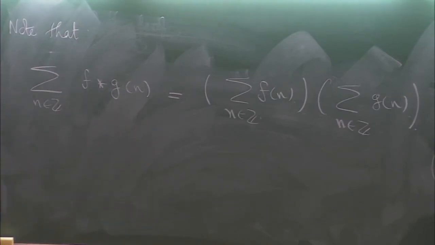That is easily established by summing over n, interchanging the sums, and then it splits into the form that you see.